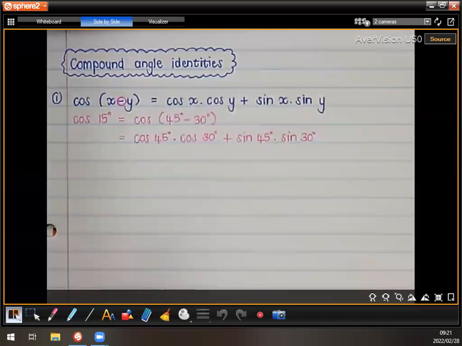We ignore that minus, so the second angle is 30, not negative 30. Then the formula says plus sine of the first angle, sine 45, times sine of the second angle, sine 30.